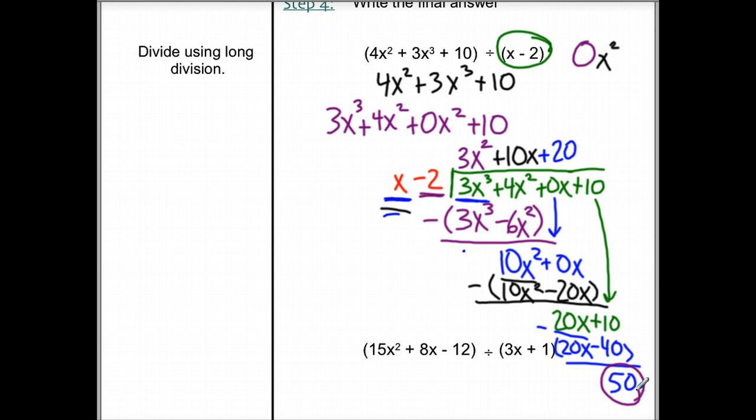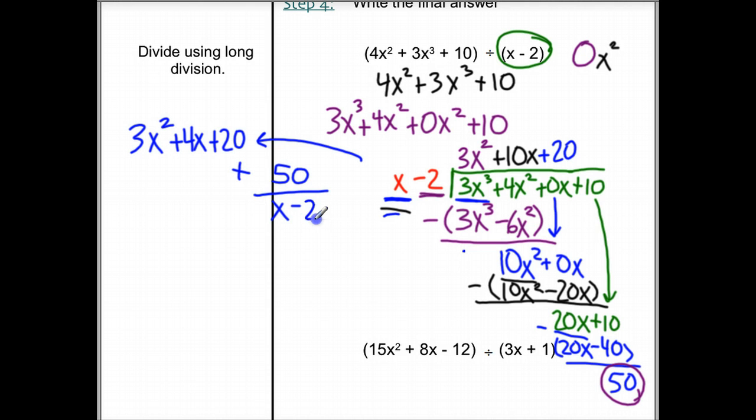How we would write our answer, I'm going to write it over here so we don't get confused. Our answer is 3x squared plus 4x plus 20 plus 50, which is the remainder, over x minus 2. You'll notice that we get that from here.